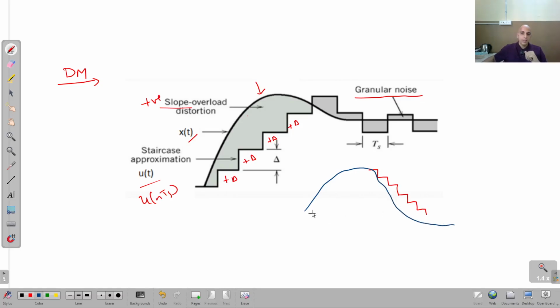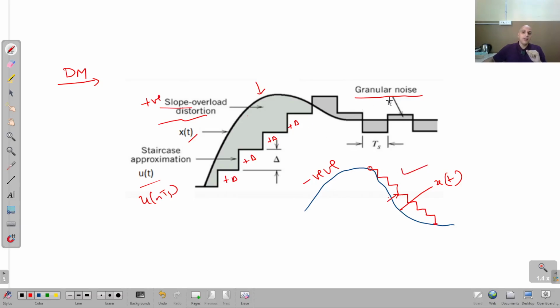So you can see here, this staircase is not able to catch this rapidly decreasing waveform at this point. This is called a negative slope overload, because here the slope of the input signal x(t) is high as compared to the slope of the staircase waveform. So this is called negative slope overload distortion. The earlier one was positive slope overload distortion, and this is negative.